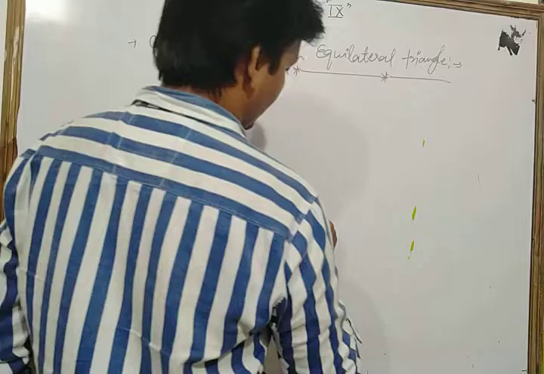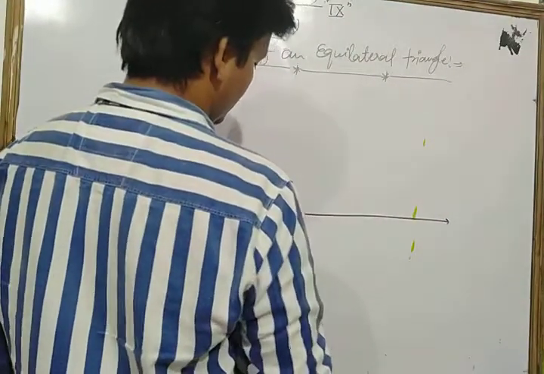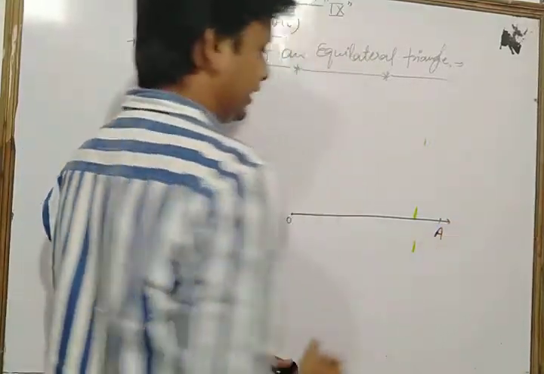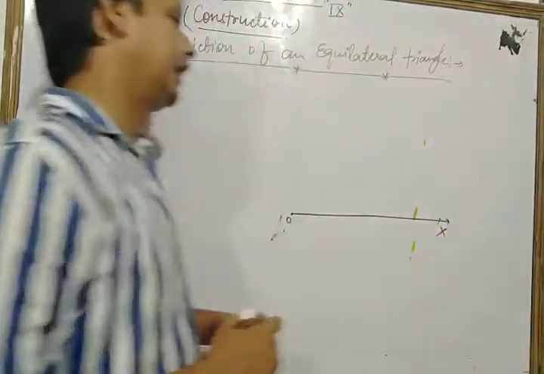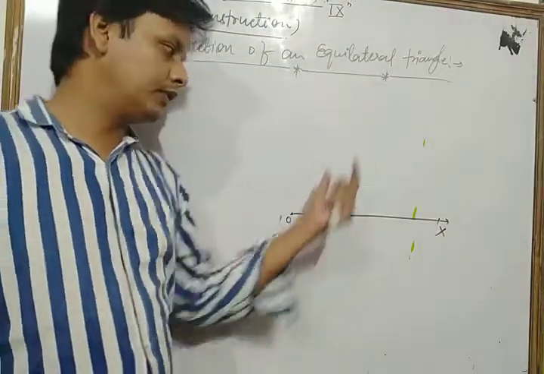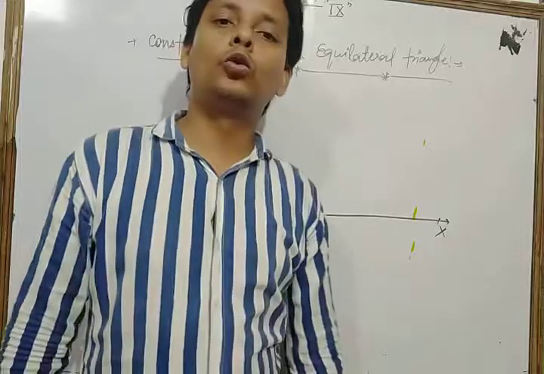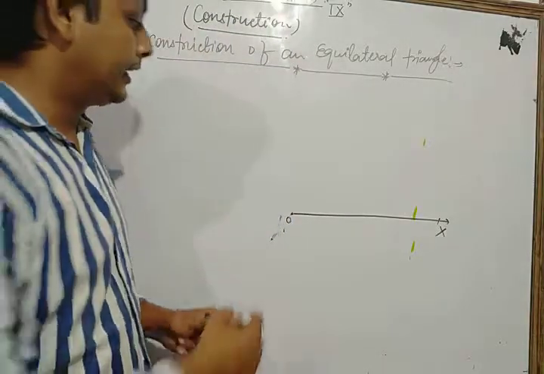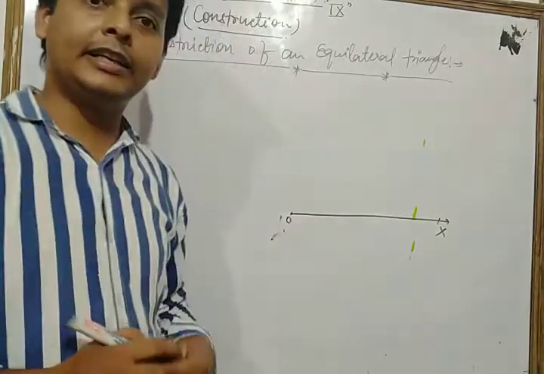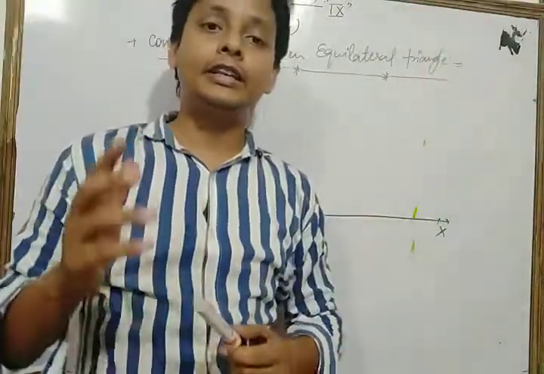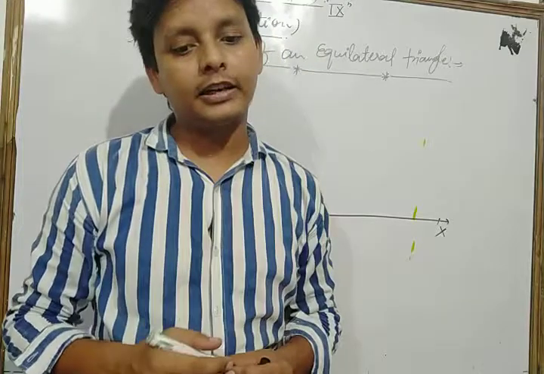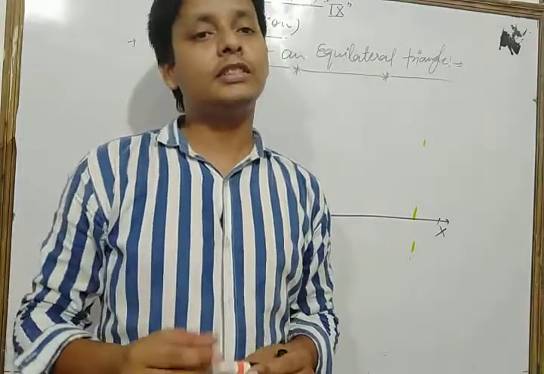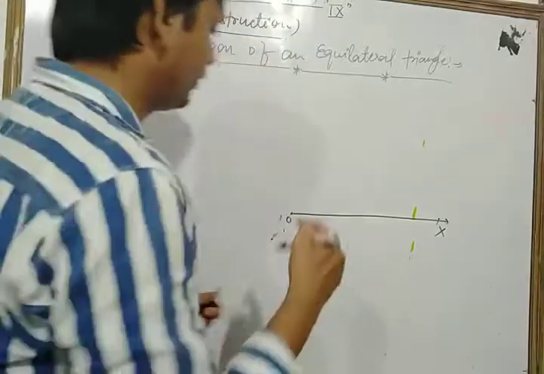Suppose that to construct an equilateral triangle, first of all we draw a ray OX. Now after that, taking O as center and radius equal to the length of each side of the equilateral triangle, we draw an arc.